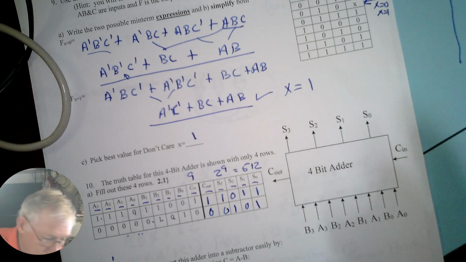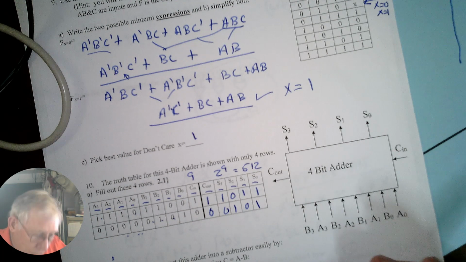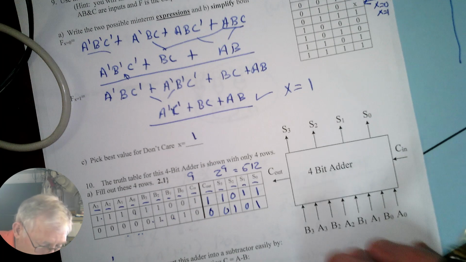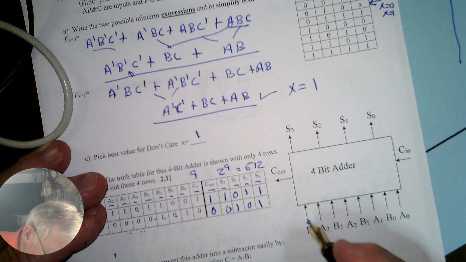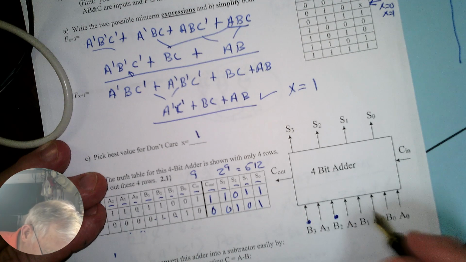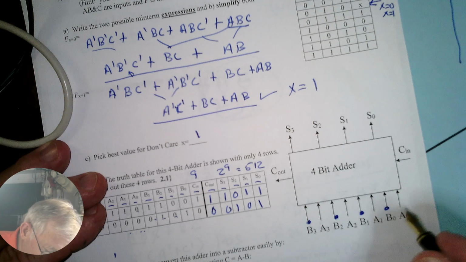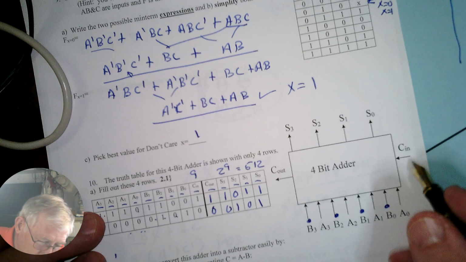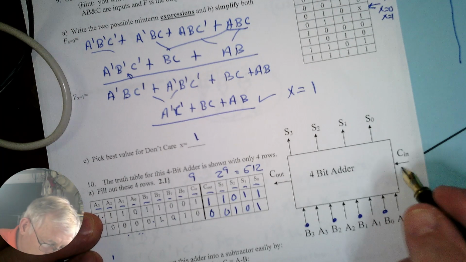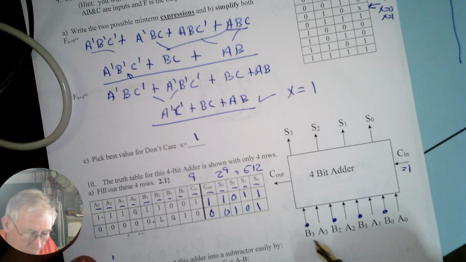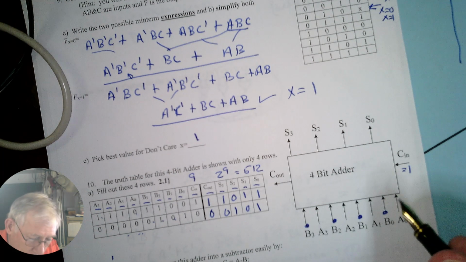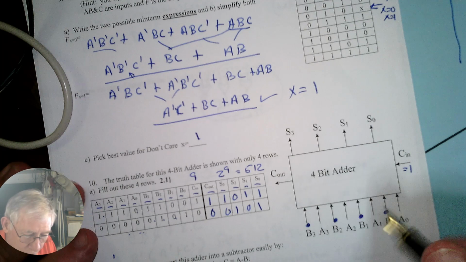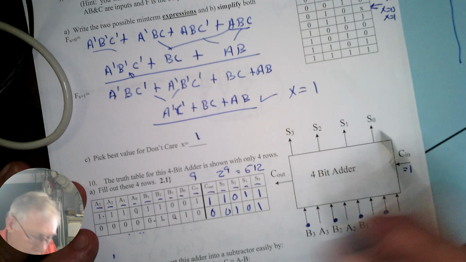Now, if we wanted to subtract B from A, all we have to do is put bubbles on all the B inputs, or an inverter, if you will, and then put a 1 into the carry in. And that'll turn B into a minus 2's complement number, assuming it'll fit in 4 bits. And we'll effectively subtract it from A, and we'll put the sum here and the carry out there.